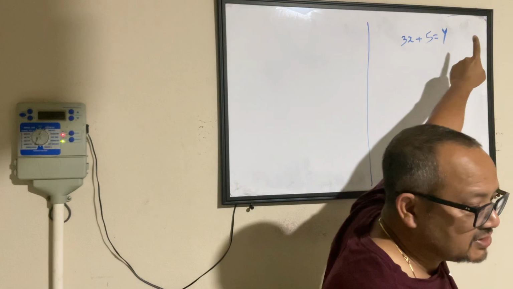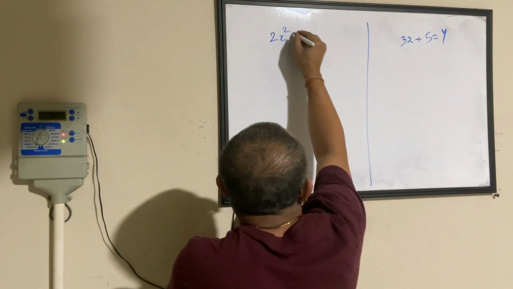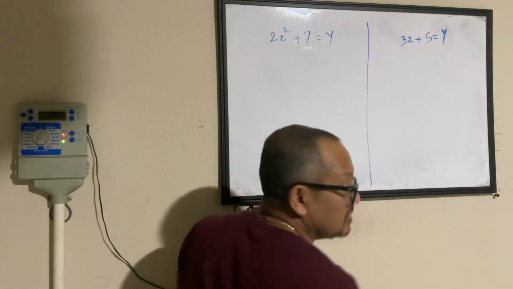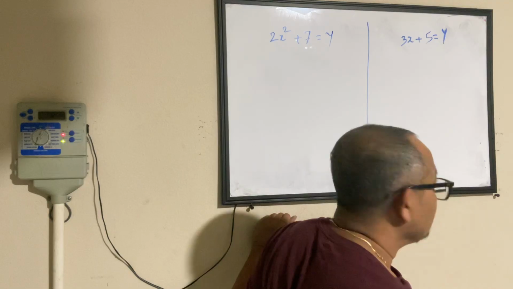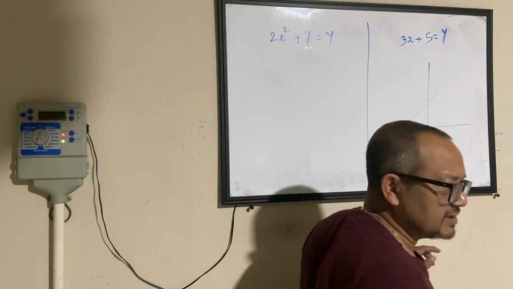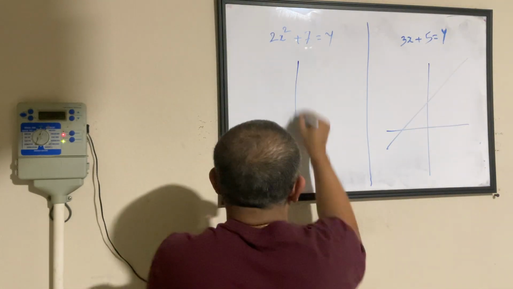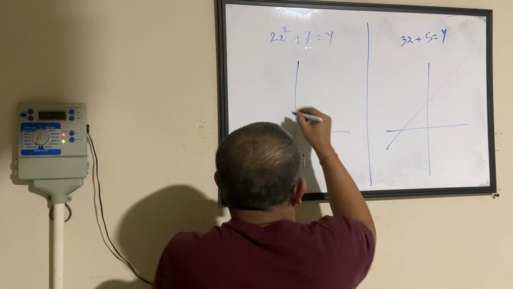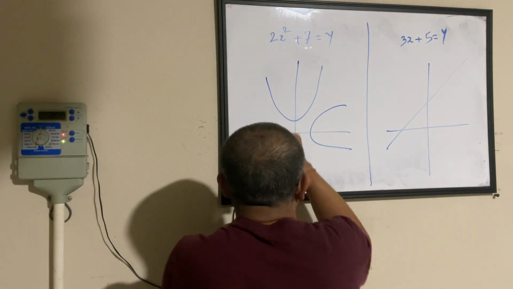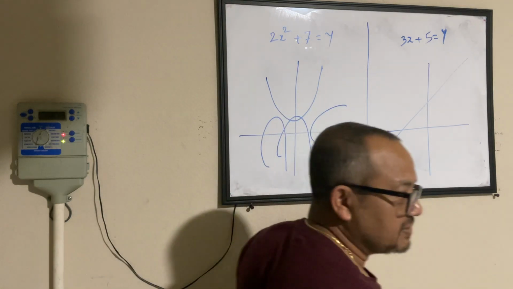This is my linear polynomial, and let's say this is my quadratic polynomial. This one, when we try plotting it, will make a line like this. When I do this one, it will plot something like this, or this, depending on the values.